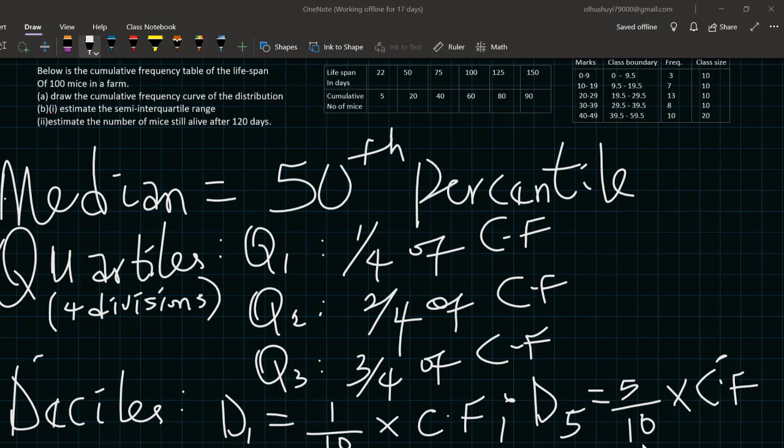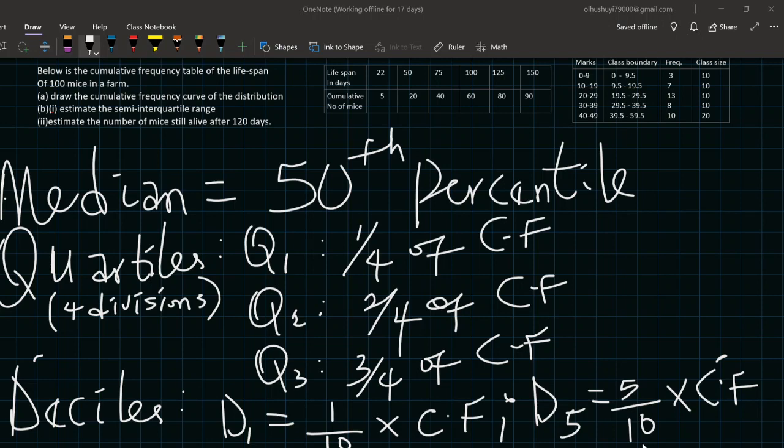Quickly, we're talking about the cumulative frequency curve, which is also called ogive. But before that, let me mention the frequency polygon. It's just a slight difference from the histogram distribution that we did in the previous video.